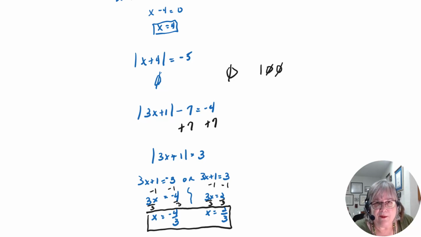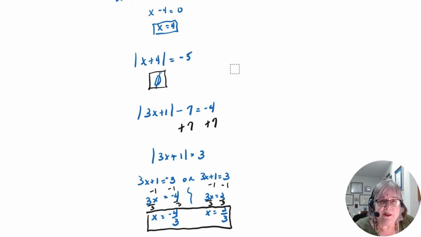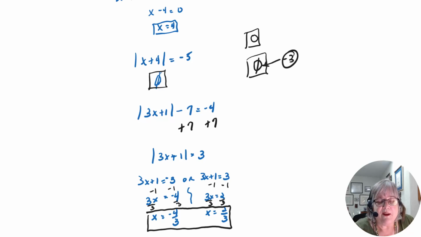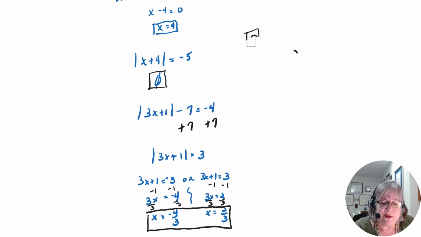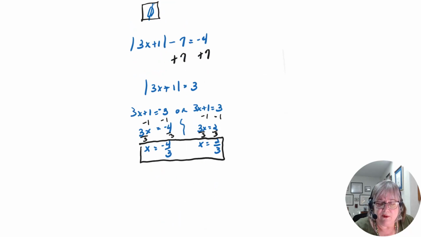That is not zero in math, okay? That is empty set. This is no solution, empty set. So if you're trying to say the answer's zero, I'm going to count off points. There's an answer, it's zero. So don't use that for zero in a math class.